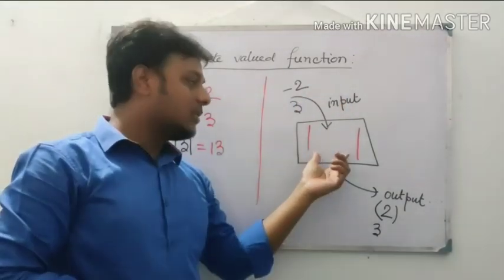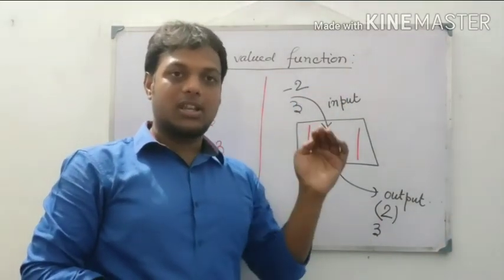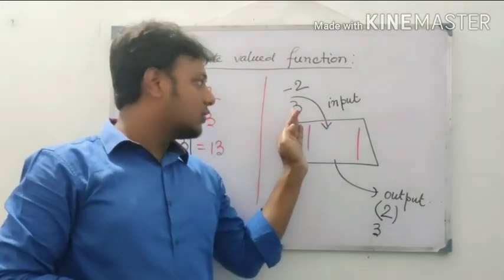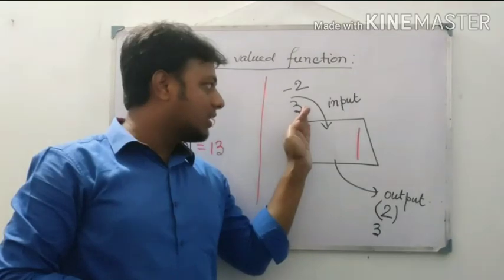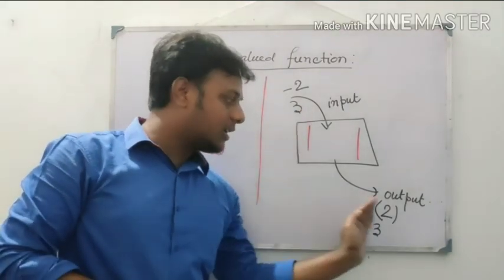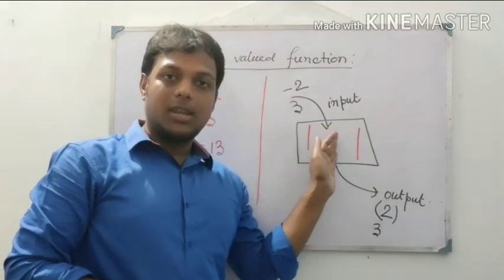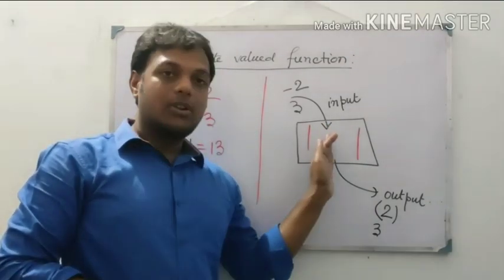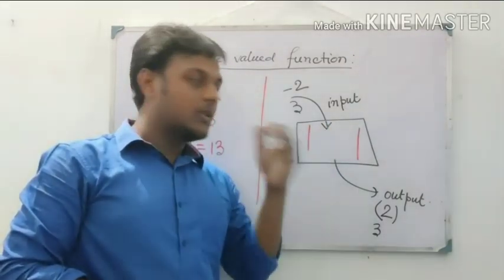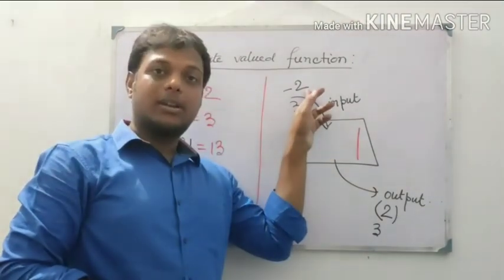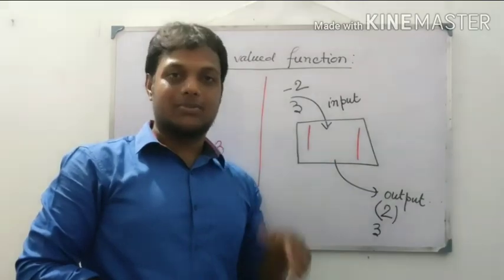After that the machine will decide whether this number is positive or negative. If this number is positive itself, then there is no change, it will give direct output. But if you give input a negative number, then the machine will multiply that number by -1.